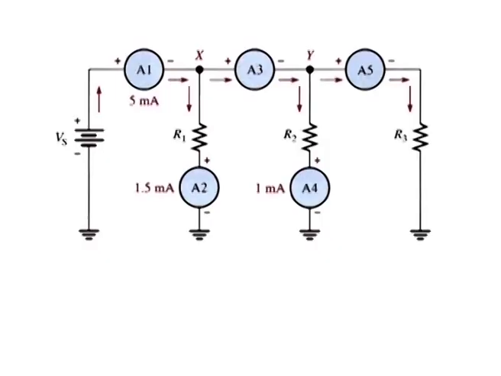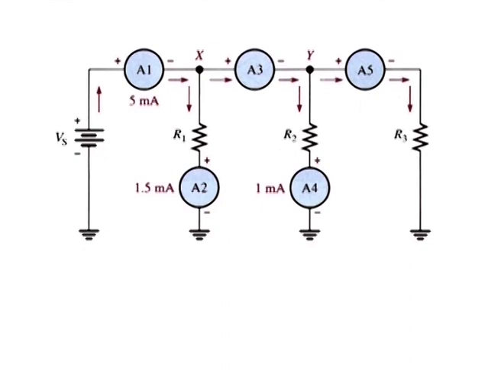Now we shall use Kirchhoff's current law to find the current measured by ammeters A3 and A5 in this figure. The total current into node X is 5 milliamperes. Two currents out of node X are 1.5 milliamperes through resistor R1 and the current through A3.